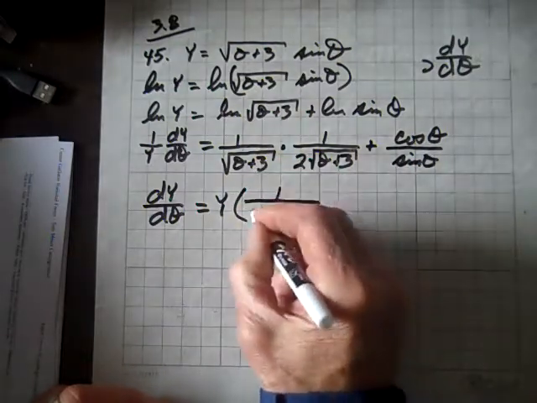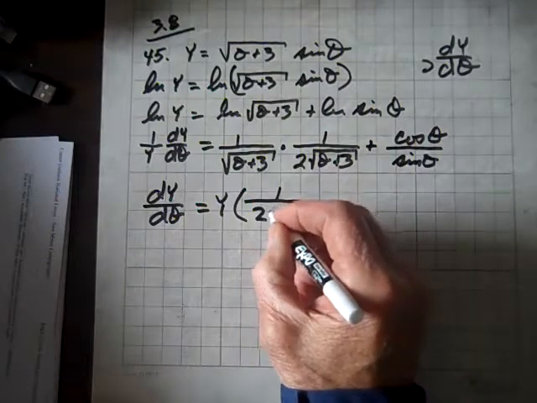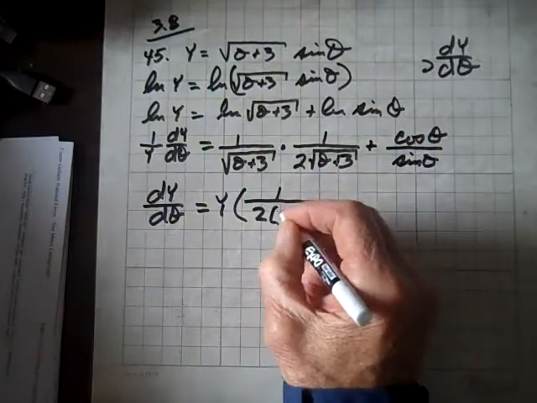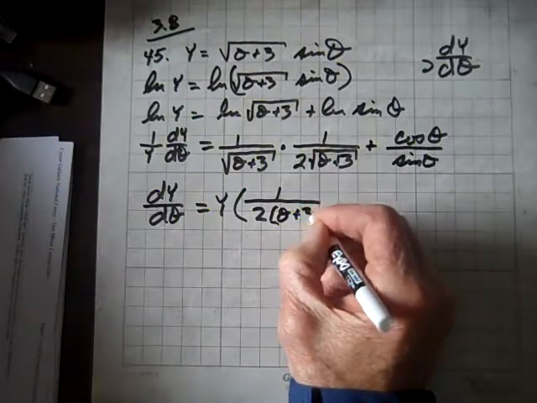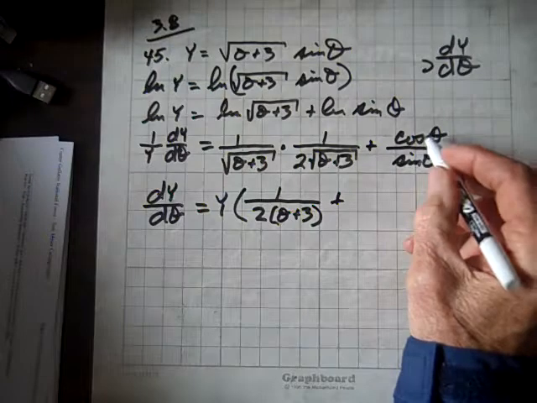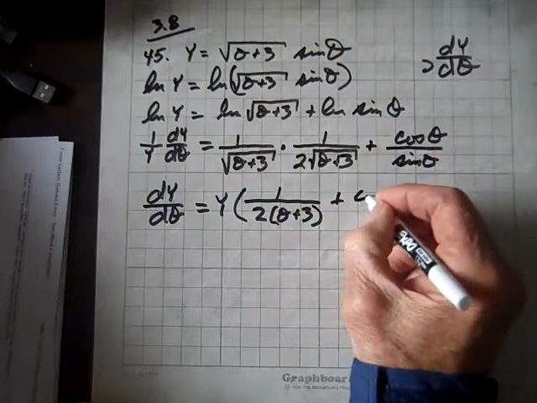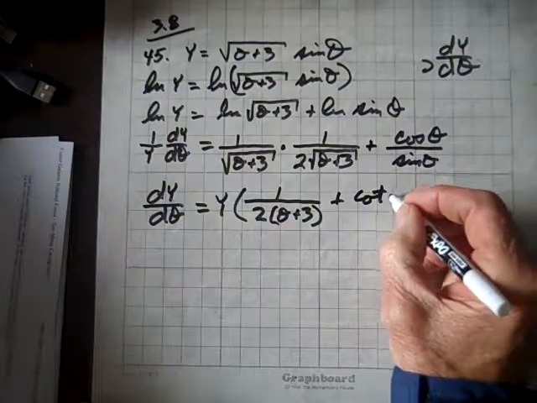In the denominator we have a 2, and root of theta plus 3 times root of theta plus 3 is theta plus 3. Plus, and it turns out this is the definition of cotangent, so that's cotangent of theta.